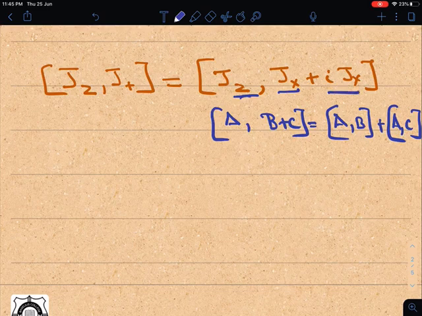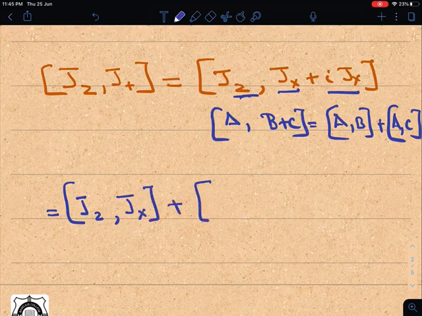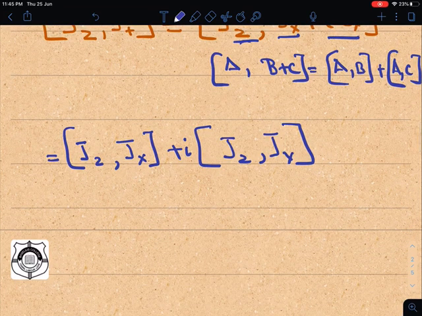So this is your A, this is B, and C is iJy. So this expression will become [Jz, Jx] plus [Jz, iJy]. Here, i is a constant, so we'll take it outside.